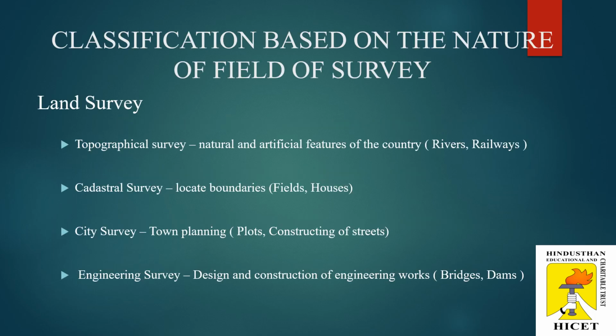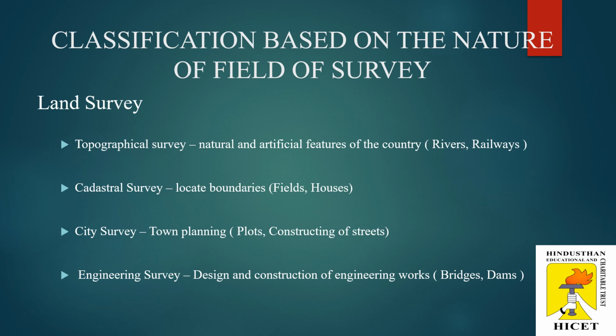Next one, the classification based on the nature of field of a survey. So in that first one is land survey. Land survey is the one in which the relative position of an object on the earth surface is determined. It is further classified into following types.